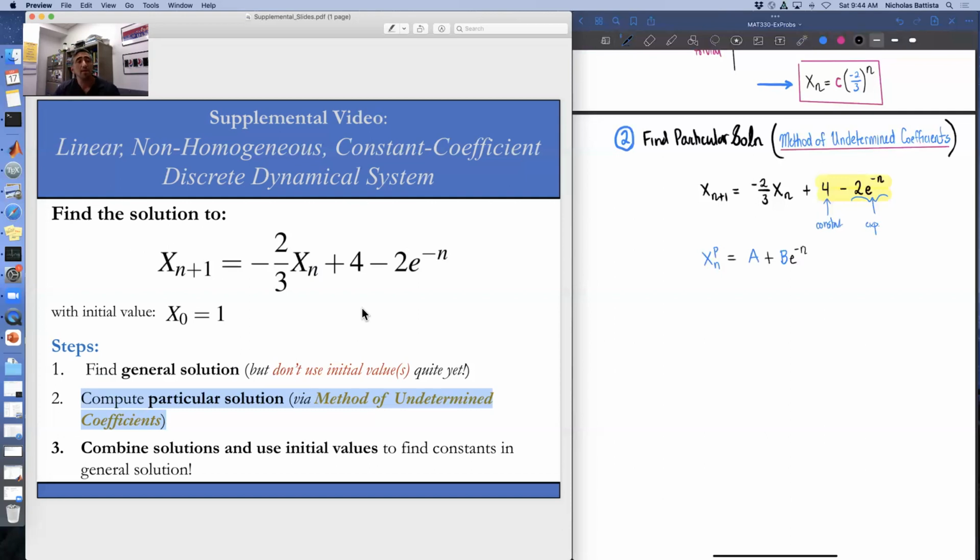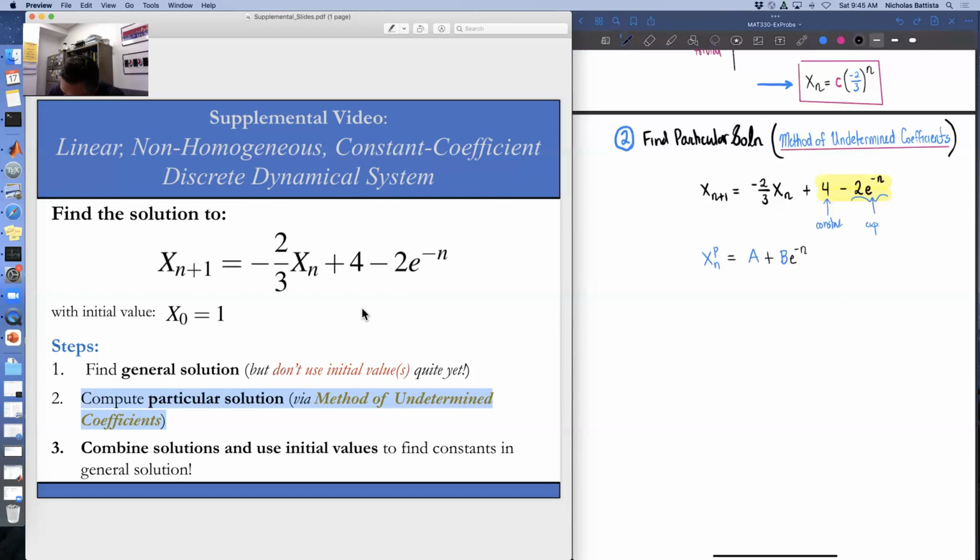And the name of the game at this junction is we're going to substitute in this guess for a particular solution everywhere we have the dependent variable in the non-homogeneous equation. So for example, we're going to substitute that into the x_n. But we also need to, just like we did before, substitute in for the x_{n+1}.